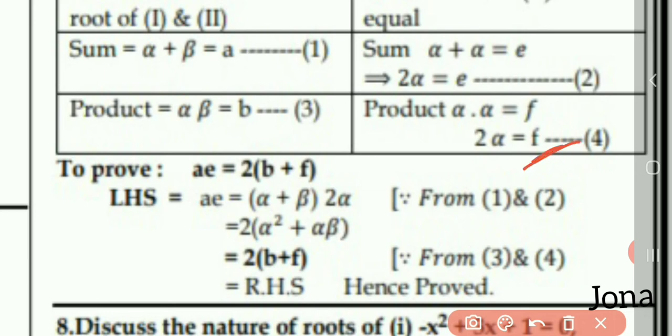For alpha square we already have F, and for alpha beta we have B. So substituting, we got the answer AE = 2(B + F).